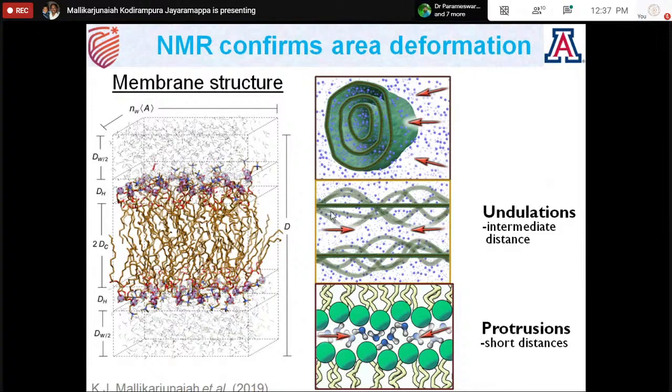We can study that undulation does happen within the system, and the protrusions also dominate. This is basically the opposite of the picture I showed from the left-hand side to the right-hand side bottom. This entire thing is one bilayer and this is another bilayer.